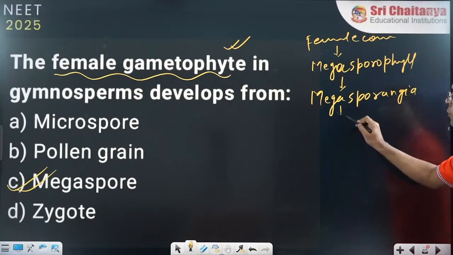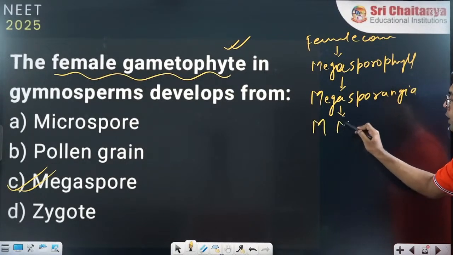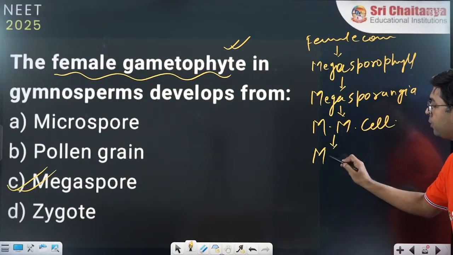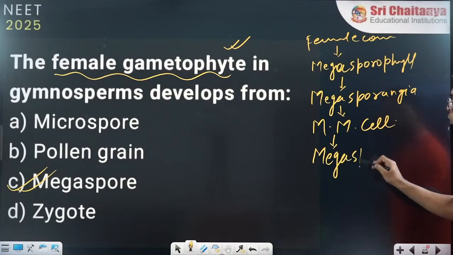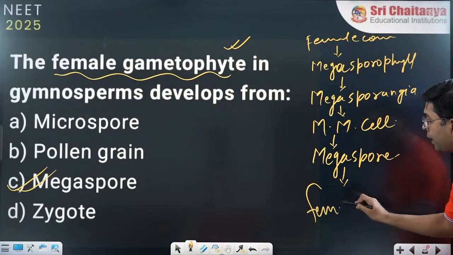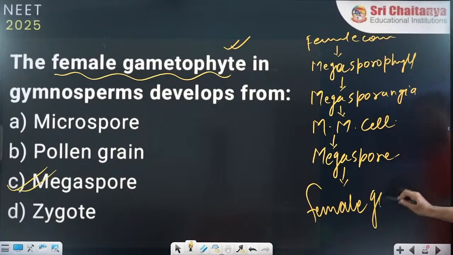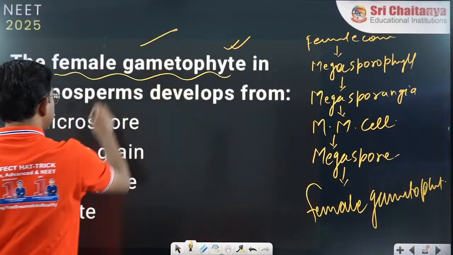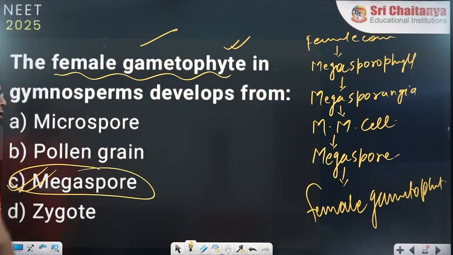Megasporangia will have megaspore mother cell. Megaspore mother cell will form megaspore, and this megaspore gives rise to female gametophyte. So, female gametophyte is developed from megaspore.